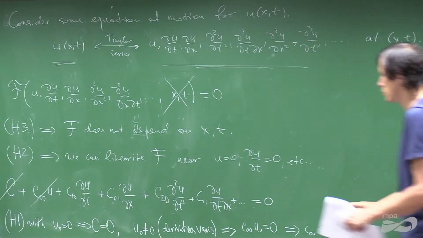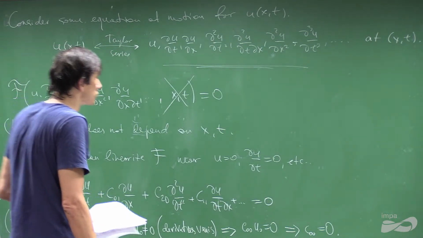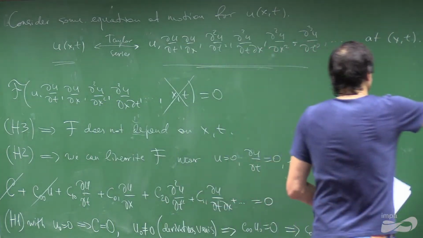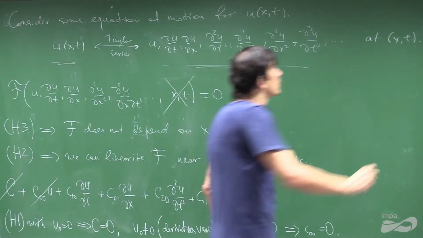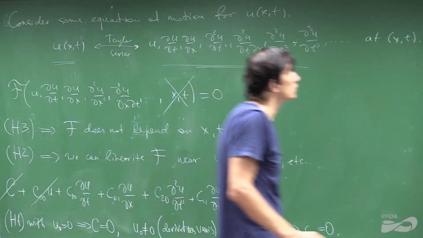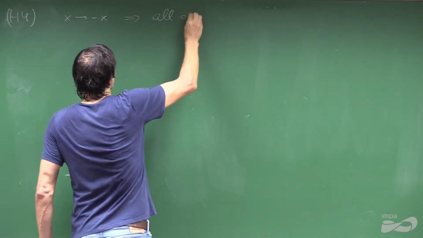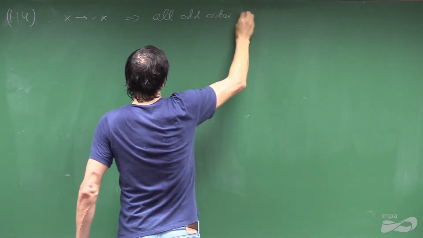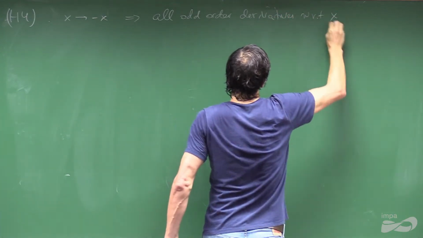Okay, so we removed two coefficients, and now let's see that we can remove many more coefficients. First, we can use parity, which is H4, which means that if you change x to minus x, nothing should change. But whenever you change x to minus x, all odd order derivatives with respect to x change sign.